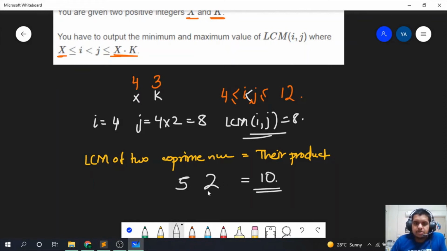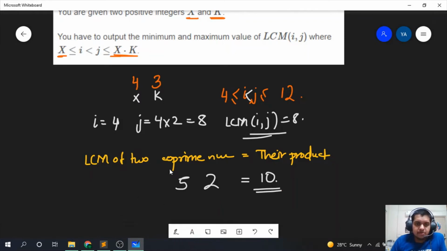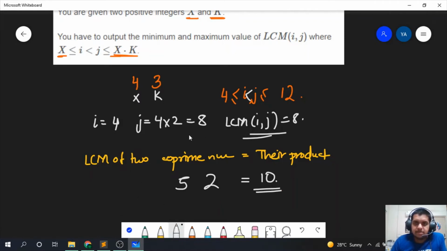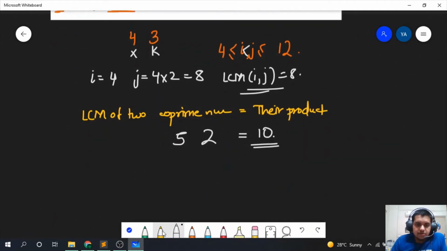Now we can use this concept to find the maximum LCM. What two coprime numbers here have the largest product? We know that consecutive numbers are always coprime: 1 and 2 have GCD 1, 2 and 3 have GCD 1, 3 and 4 have GCD 1.